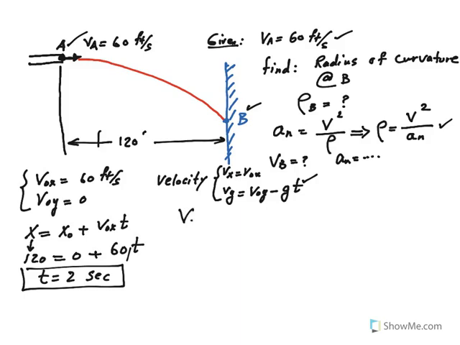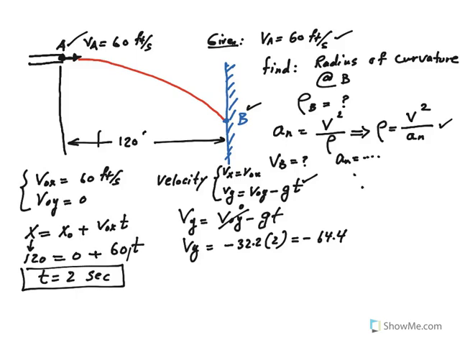Now I can find v sub y at point B. That would be v0y, which is 0, minus gt, with g being 32.2 times 2 seconds. So the speed is negative 64.4, which makes sense. So for the velocity at B, the x component is 60 feet per second, and that never changes, and the y component is 64.4, a little bit more than 60.